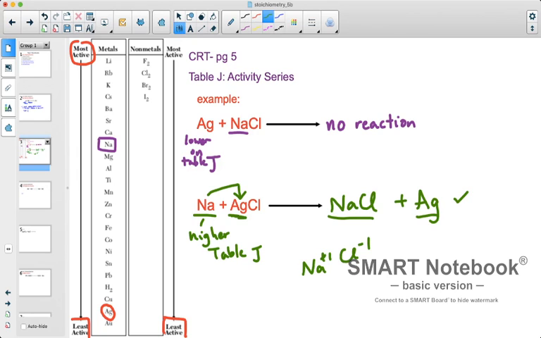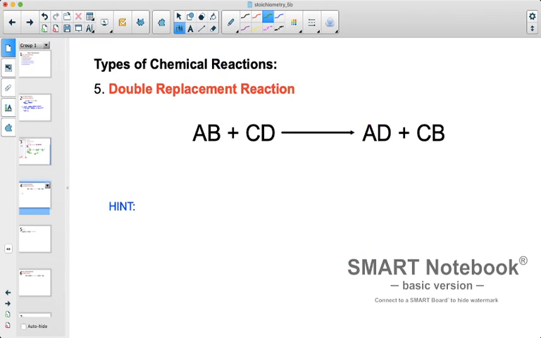All right, now if there's a single replacement reaction, then there's going to be a double replacement reaction. In a double replacement reaction, what makes it different from the reaction we just saw before is we always start off with a compound and also another compound. And instead of replacing, this is more of a switching. We're going to switch partners.